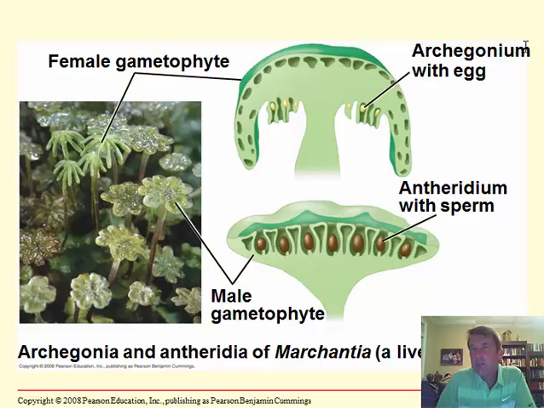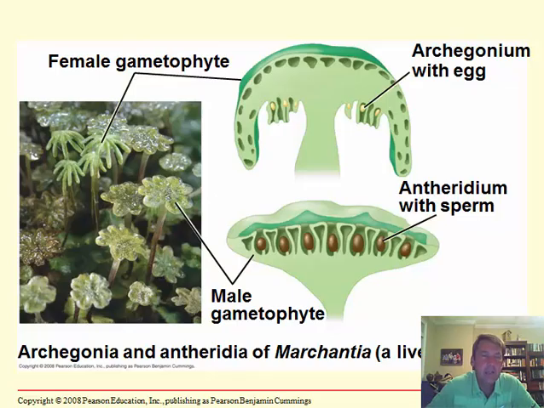Those are called archegonium. And then there are the male structures that produce sperm, and those are called antheridium. And so the antheridia and archegonia are the male and female structures of the plant, and those are called the gametangia.